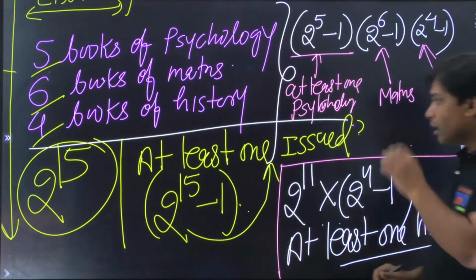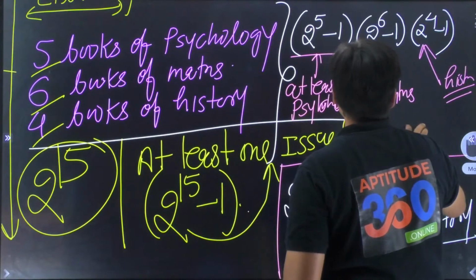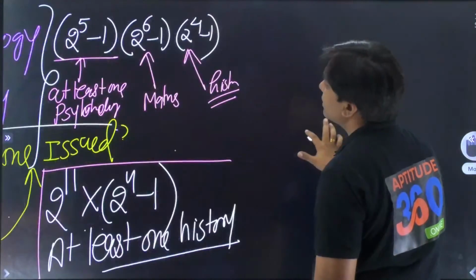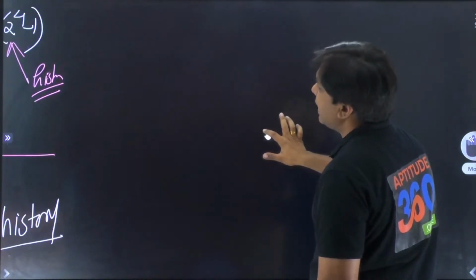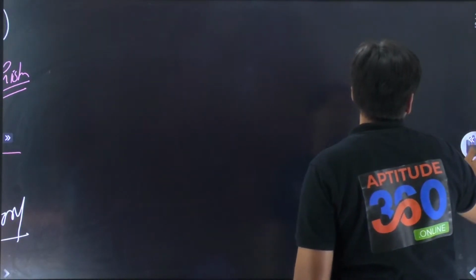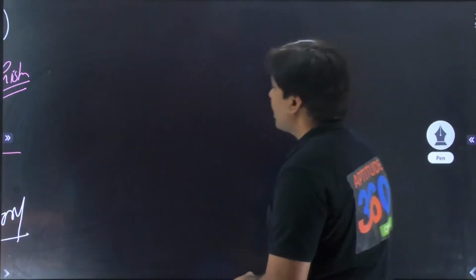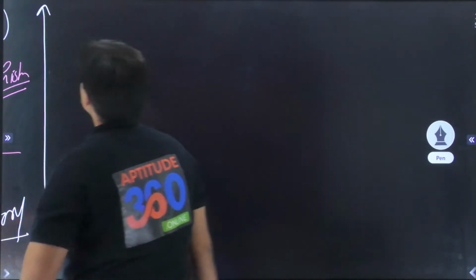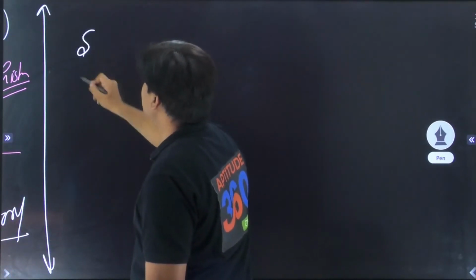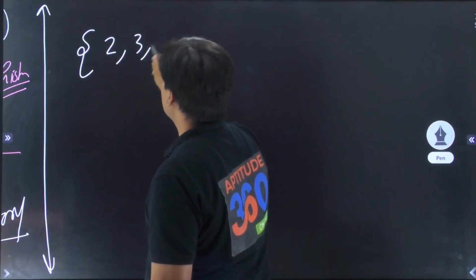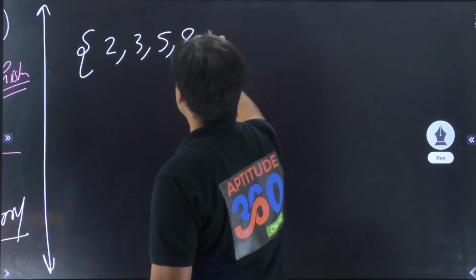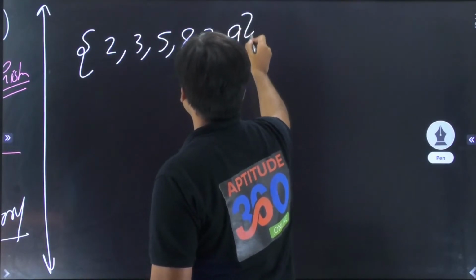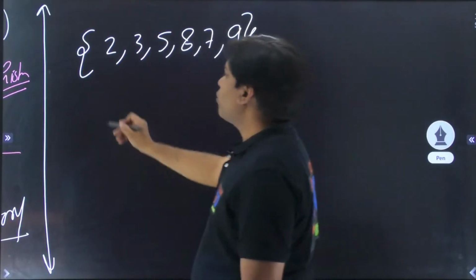Now, since you are understanding this thing, थोड़ा सा इस कॉन्सेप्ट को और आगे बढ़ाते हैं और बात करते हैं इस पे. देखो, I say this. I have got 2, 3, 5, 8, 7, 9. Now, what is that we have to do?